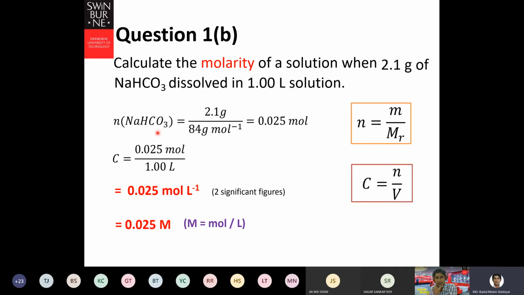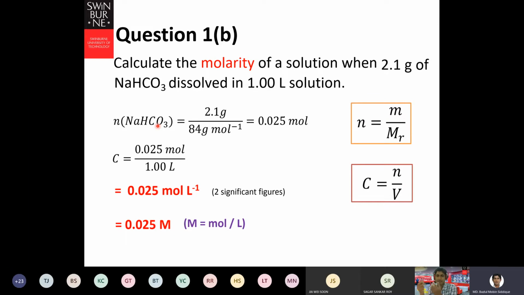All right. So in 1 mole of sodium bicarbonate, or 1 mole of HCl, or 1 mole of anything, there will always be Avogadro's number of particles.